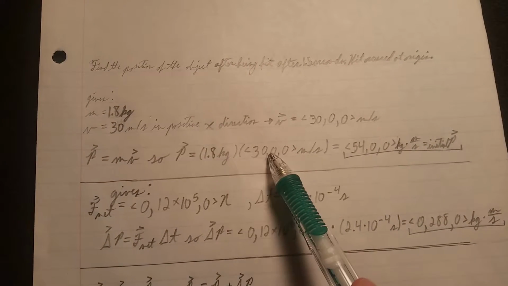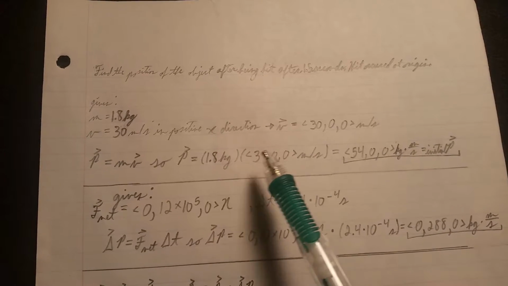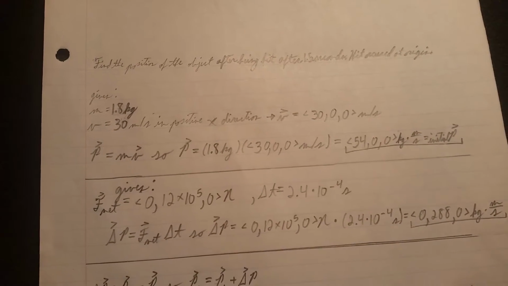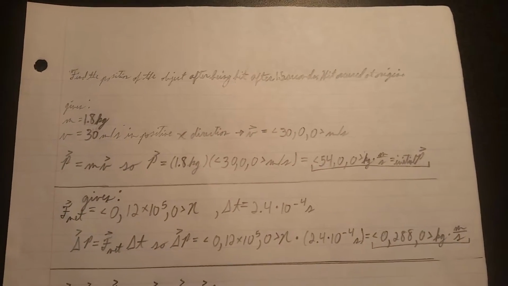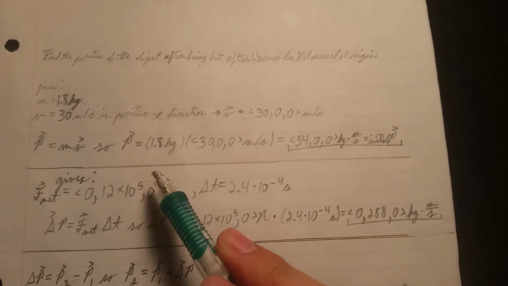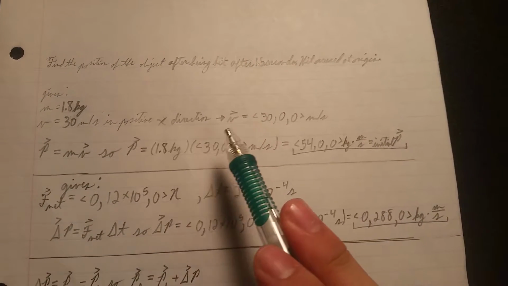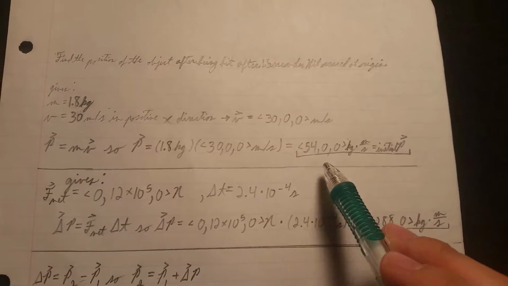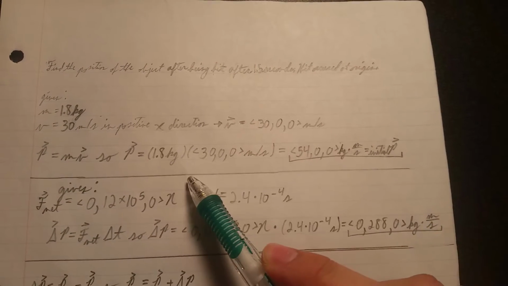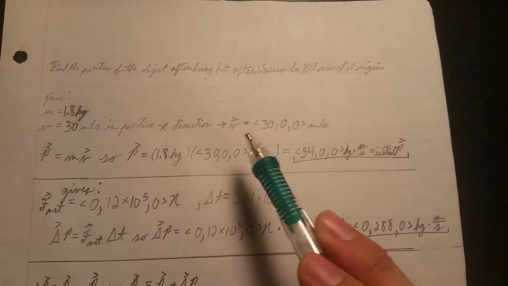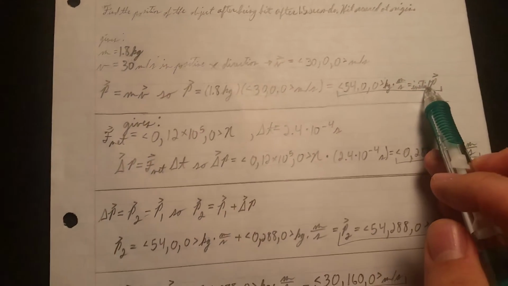Whenever you multiply a scalar by a vector, you multiply it by every single coordinate, the x, y, and z. 1.8 times 30 is 54. Of course, 1.8 times 0 is 0. So that's going to be 54, 0, 0 kilogram meters per second, because mass is in kilograms and velocity is in meters per second. And that gives you your initial momentum.